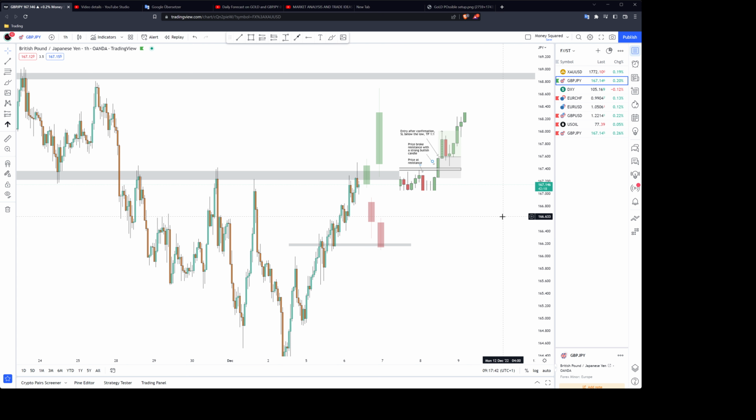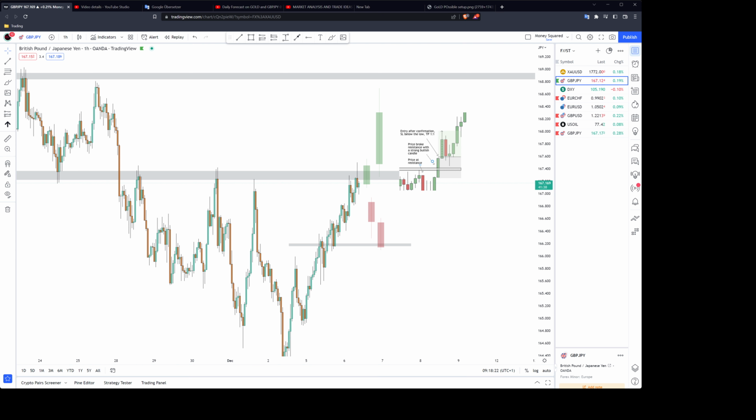Our psychology stays strong when we trade according to our trading plan. When we trade according to our trading plan, we know that out of 10 trades we take, 6, 7 or 8 will be winning trades, depending on which setup we're taking, because some setups are more accurate, some are not. But in this case we need to wait for price to break resistance with a strong bullish candle, and the entry is taken after the confirmation candle high is broken, with stop loss below the previous low.